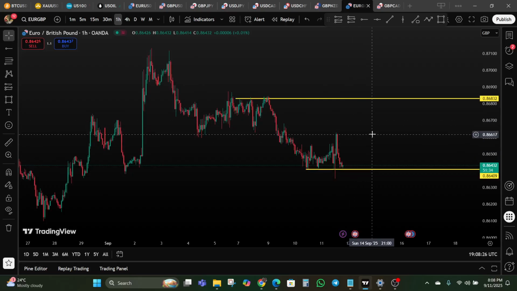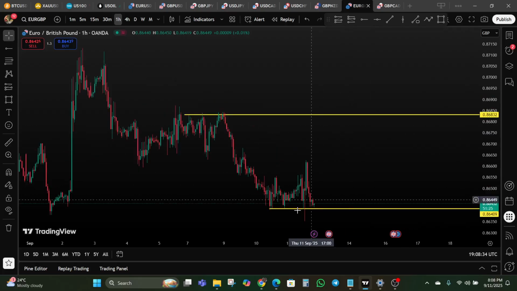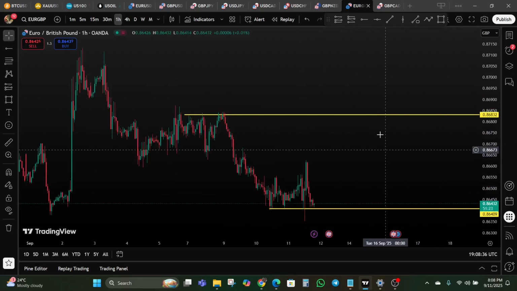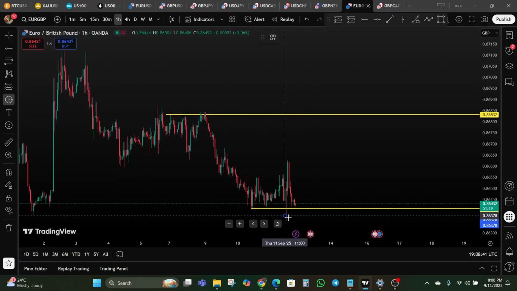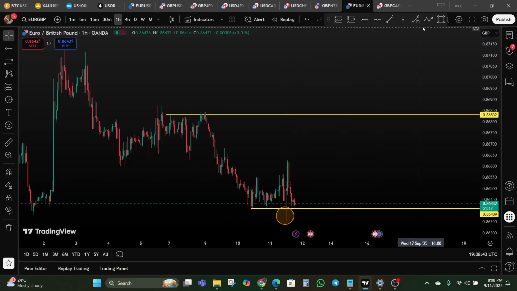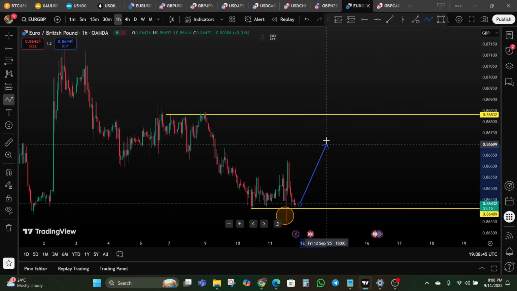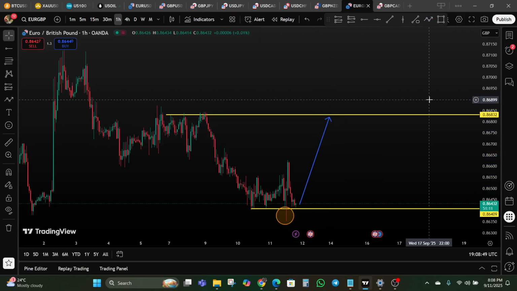So recognizing these sweeps is crucial because they often mark the beginning of the real move. Now, after a liquidity sweep, and if it happens that we're actually having a liquidity sweep here, then we should be expecting price to go up, at least to test this zone next.